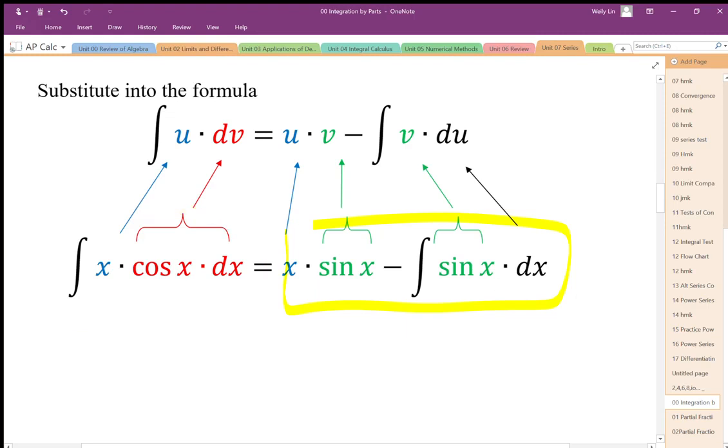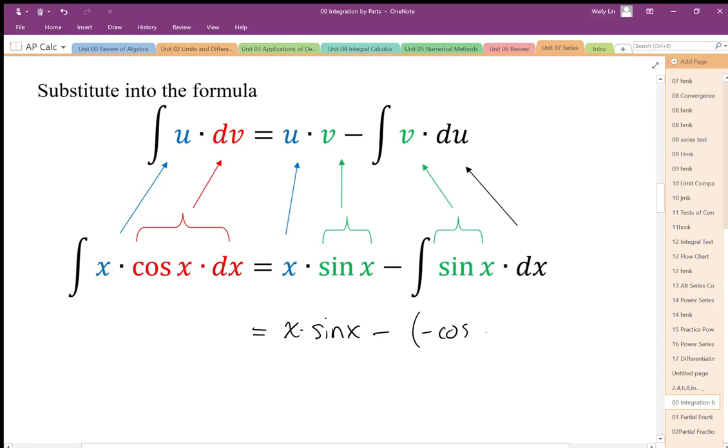So then I need to ask myself, is this new integral easier to work with than what I started with? Yeah, I can integrate this. I can't do that, there's a big x through there. However, I know how to integrate sine. So this is what I'm going to end up with. Whatever this integral here is equivalent to x times sine x minus, well, the integral of sine is going to be negative cos x.